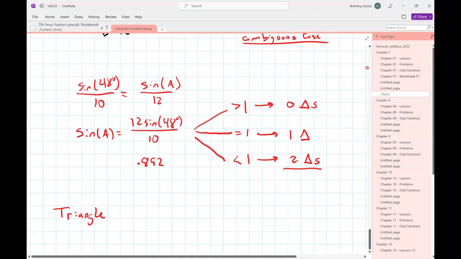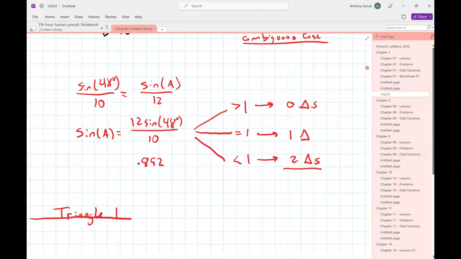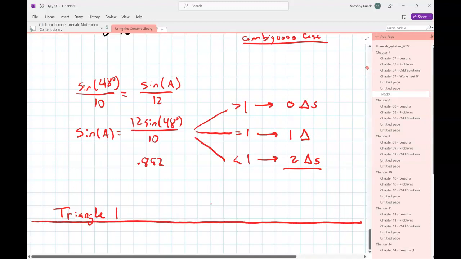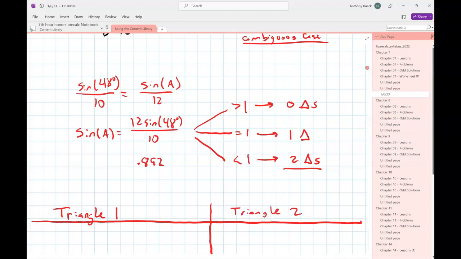In my experience, in these ambiguous case problems, one of the things that gives students problems is just organization. So they get turned around in terms of which information goes where. So when I do these kinds of problems, I like to be really clear and organize my work so the stuff for triangle 1 is all in one place and the stuff for triangle 2 is all in one place.